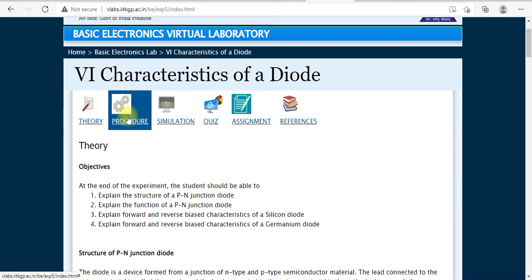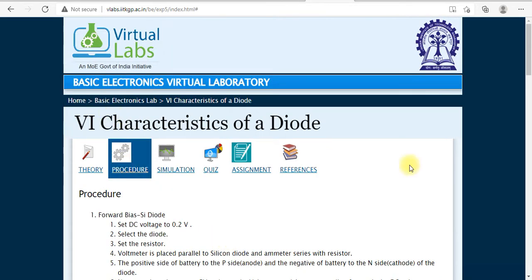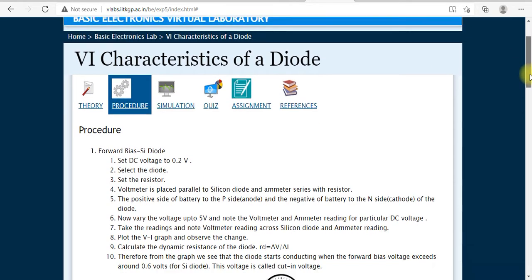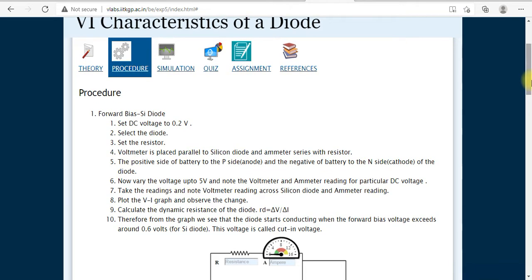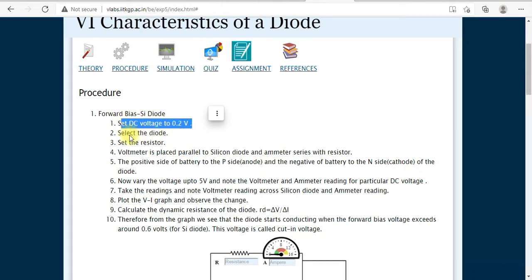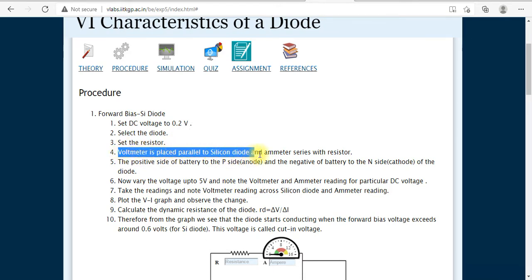Now we will work on the procedure. These are the procedures used for the simulator. Forward bias silicon diode: set the DC voltage to 0.2, set the diode, set the resistor. The voltmeter is placed parallel to the silicon diode, and the ammeter in series with the resistor.